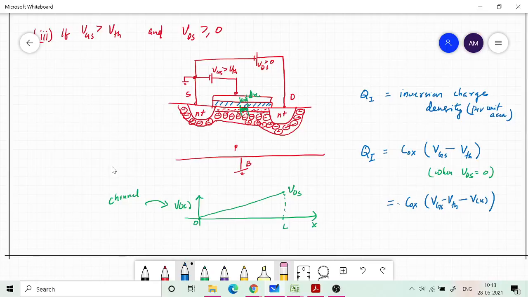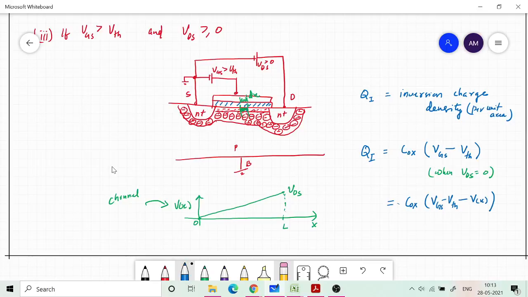On the left side, it will be VGS minus VTH, and that decides how much the inversion charge is. But on the right side, we will have lesser inversion charge because the channel potential is increasing, and as a result the difference between VGS minus VTH and the channel potential is smaller. So you look at it as a capacitor.